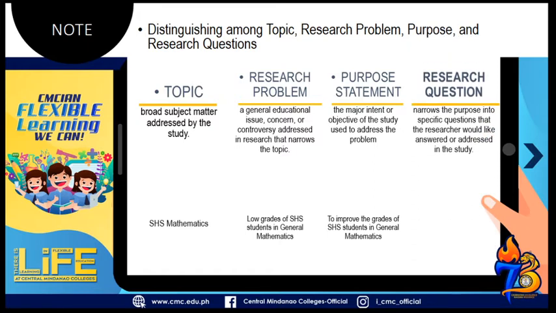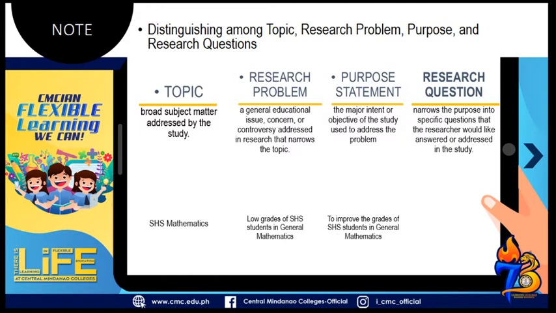And lastly, research questions. If there are problems, there are questions in the research. It narrows the purpose into specific questions that the researcher would like answered or addressed in the study.